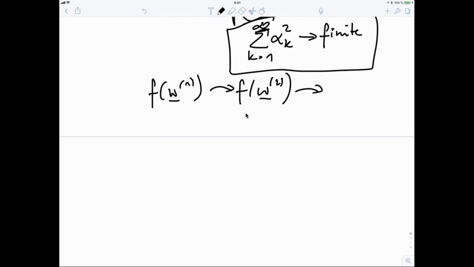So one way to do this in a more principled way is you look at the current iterate, this would be W1. And you make a prediction for how much the function value should decrease for a certain step size.